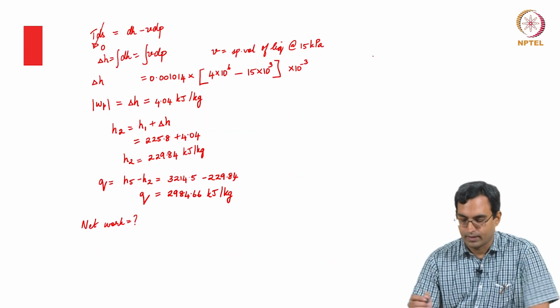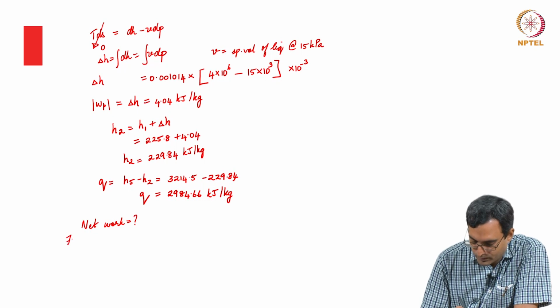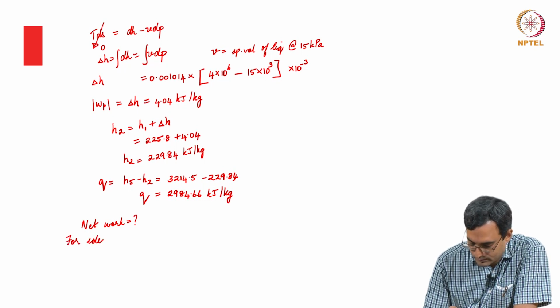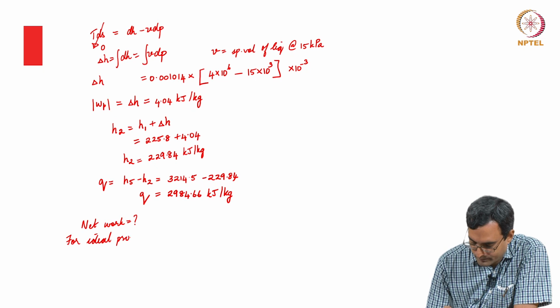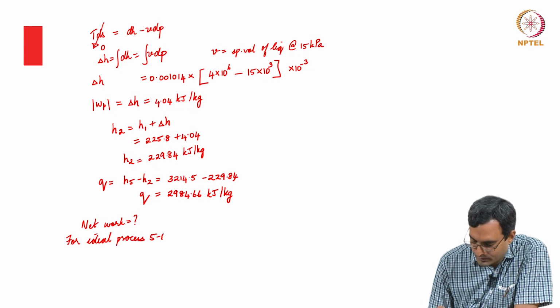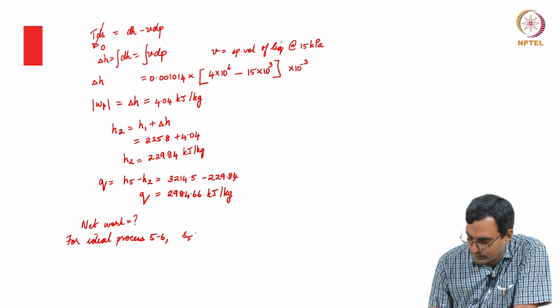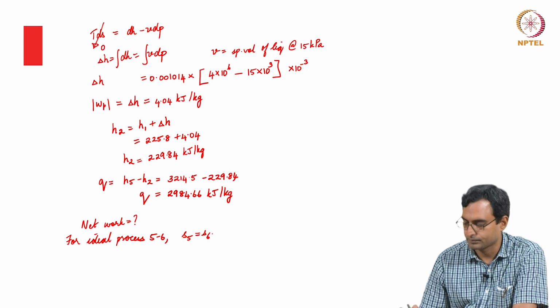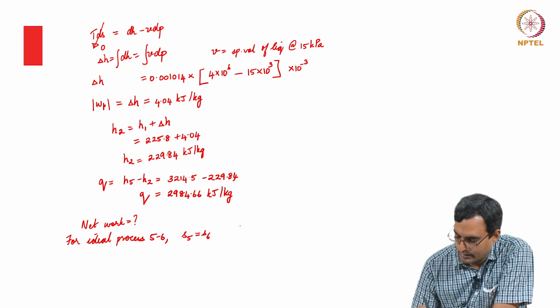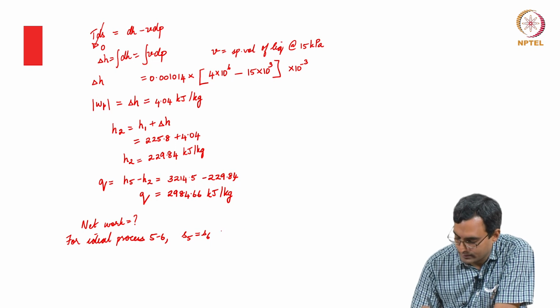So, if I was to write for the ideal process, five to 6, so S5 should be equal to S6. Now, S5 we know the value already, that is equal to something.